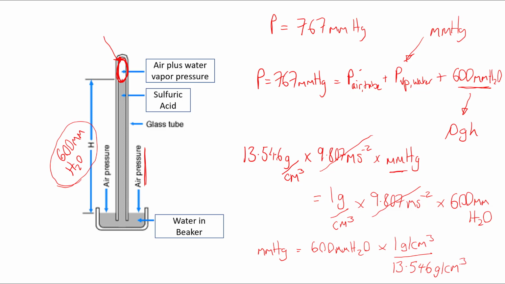That allows us to convert from 600 millimeters of water into millimeters of mercury.